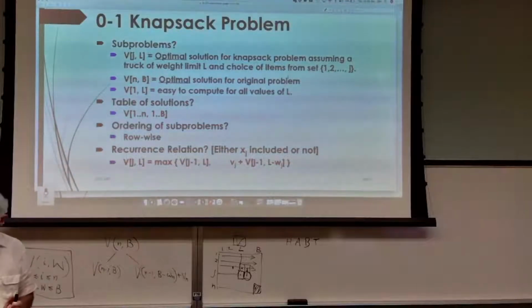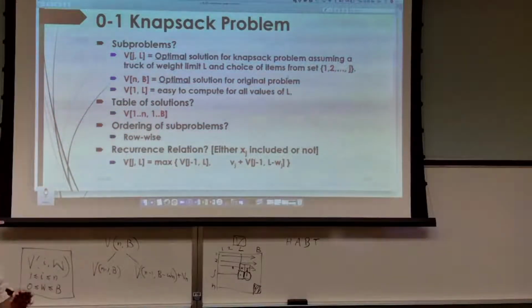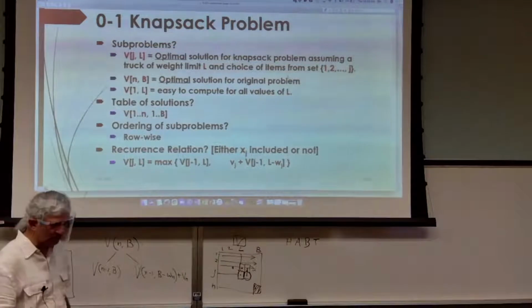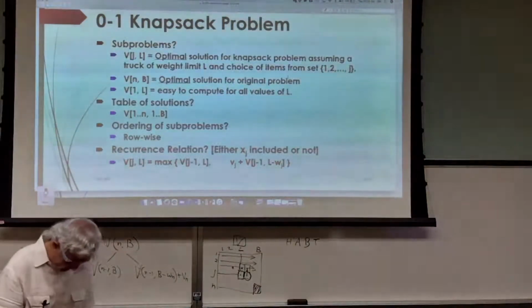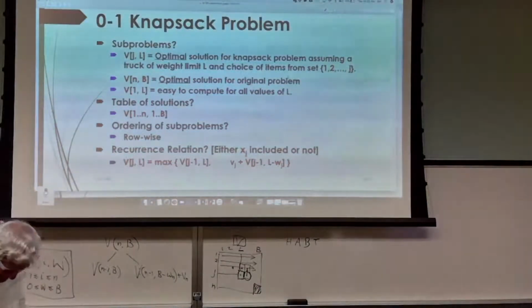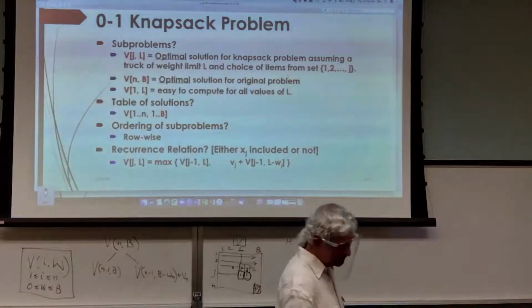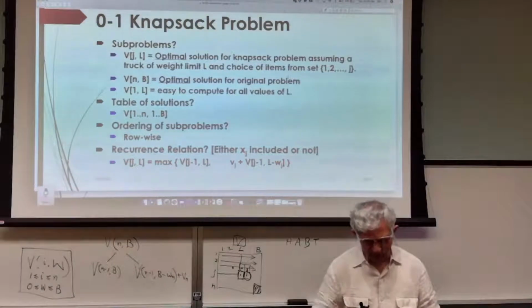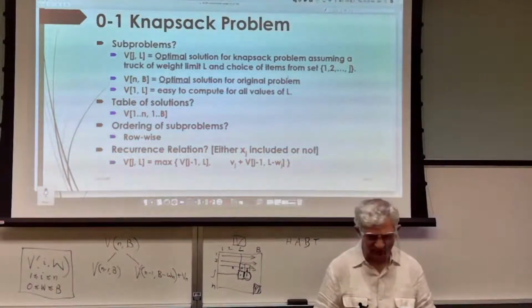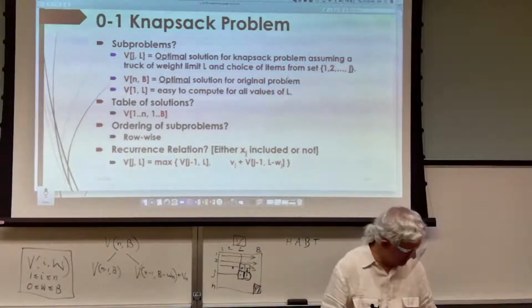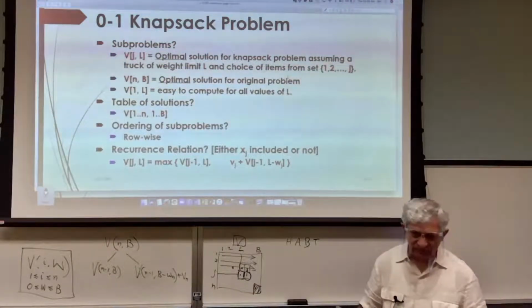That's it. Very, very simple. Typically, dynamic programming code is not that long and complicated. It's probably 4 or 5 lines of real code. The rest is all initialization stuff and so on. And that's it. That's the 0-1 knapsack problem.